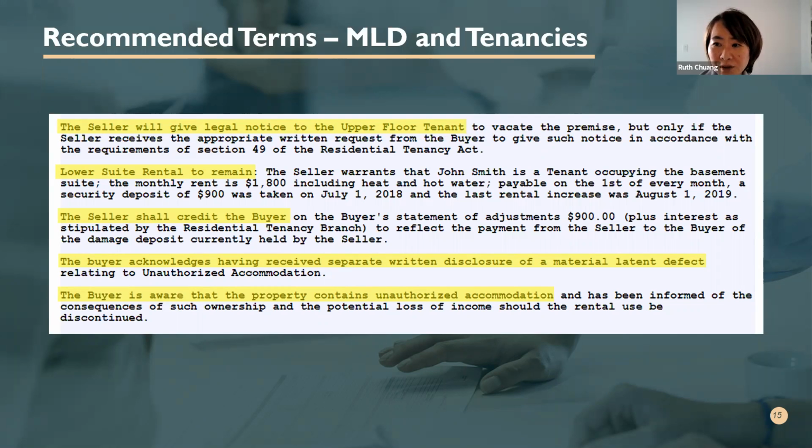But first of all, do we even have enough time to give proper notice? Exactly. If subject removal occurred on the 31st of August, how are we going to give notice on that day? You can't, unless you hand deliver it. So at the end of the day, the tenancy law runs with the land. So we can only do as much as we can. Right, regardless of what that line says.